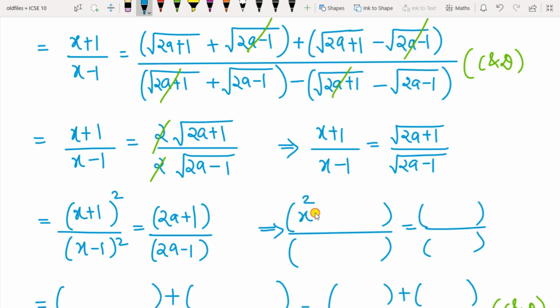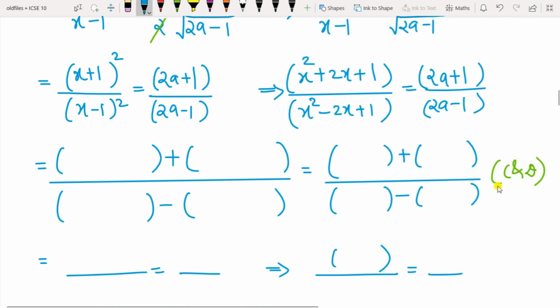This is (x square plus 2x plus 1) upon (x square minus 2x plus 1) equal to (2a plus 1) upon (2a minus 1). Again apply the componendo and dividendo result.